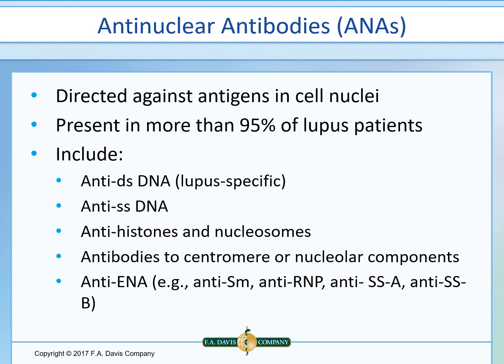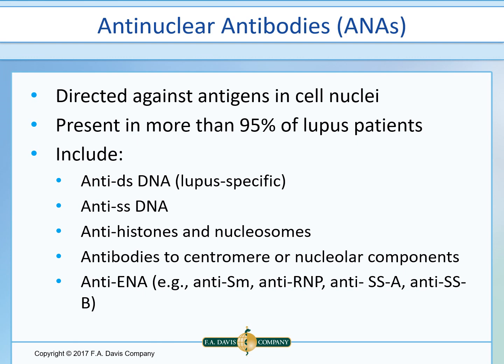As mentioned earlier, ANAs are autoantibodies that are directed against antigens in the nucleus of mammalian cells, so in humans, and they're present in 95% or greater than 95% of patients with active disease, and they're used as major markers for various autoimmune diseases.